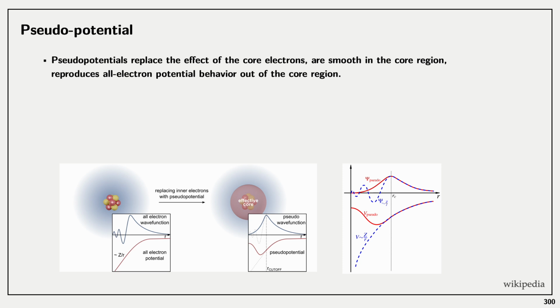An effective core is the naked nucleus plus those core electrons. And what scientists have done is develop a pseudo-potential, which is a potential exactly the same as the full potential outside a certain radius cutoff. Everything that happens outside that cutoff behaves just as if we treated everything, but inside, the potential is modified so that the wave function inside the cutoff is now smooth.